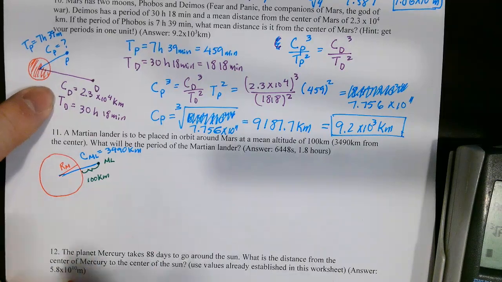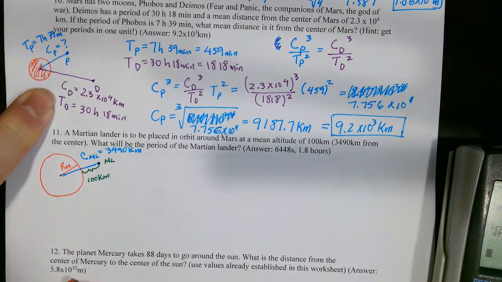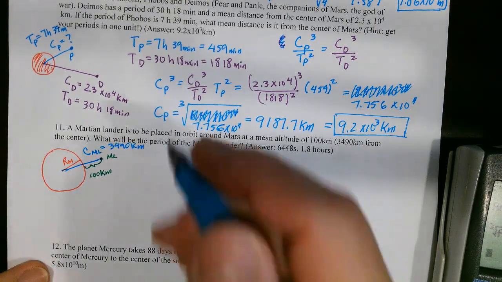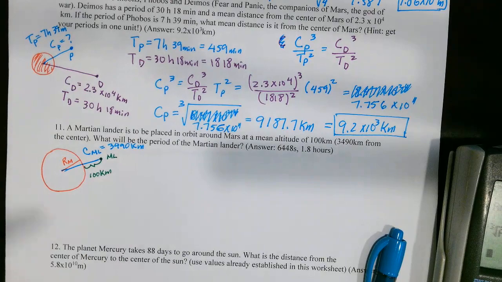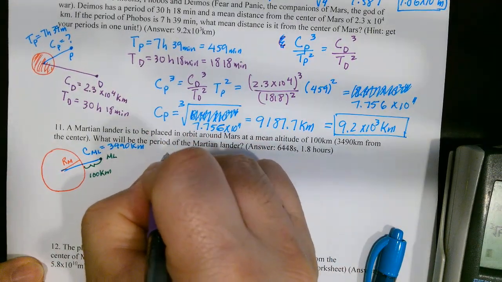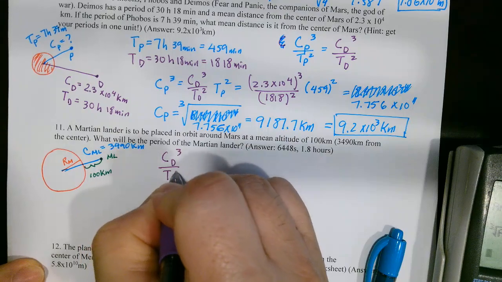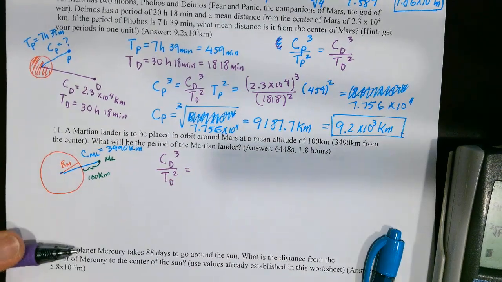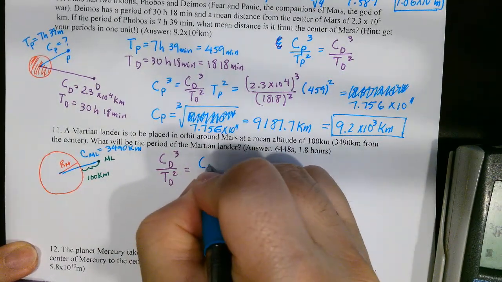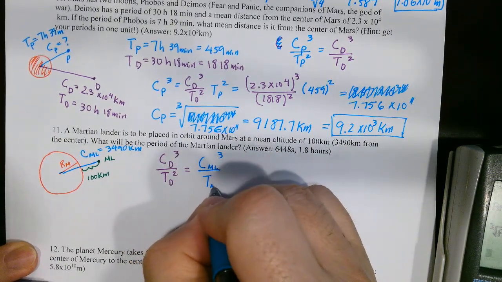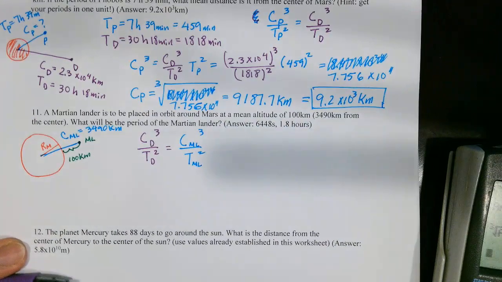All right, so let's compare it to Deimos. All right, so here we're Deimos, C Deimos cubed over the period of Deimos squared is equal to C Mars lander cubed over the period of Mars lander squared.